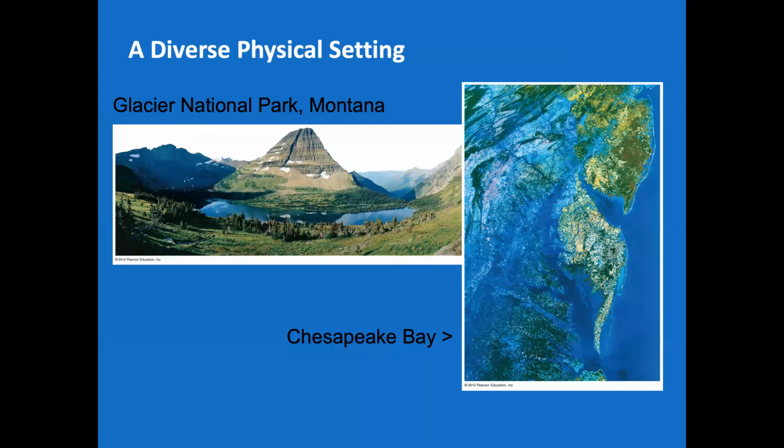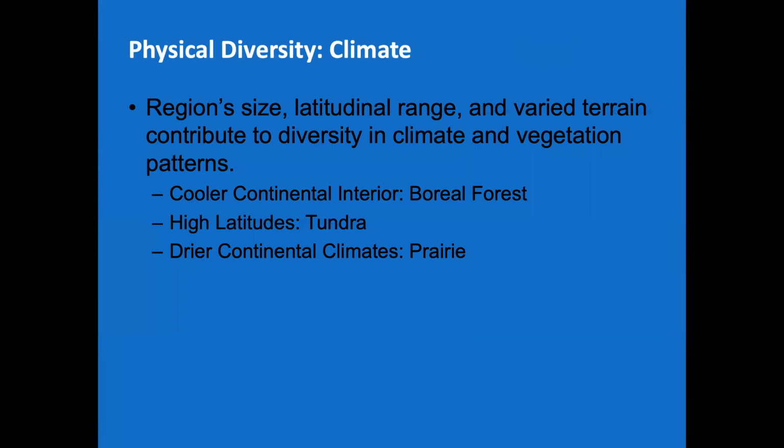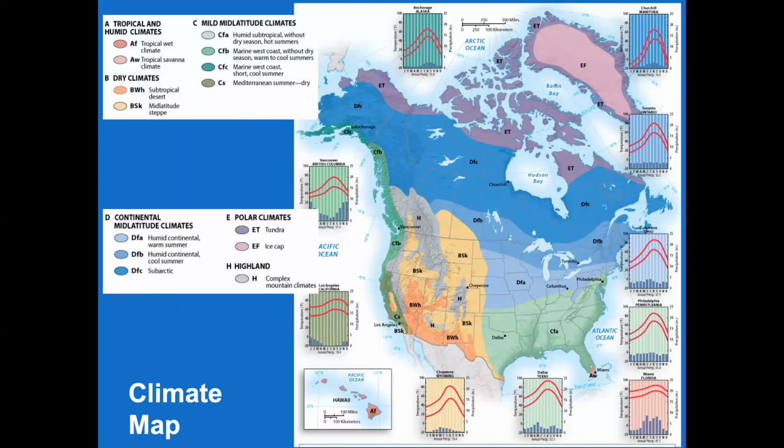Again, look at some of the diversity in physical settings. We'll talk about the idea of climate. Many, many climates are found within the US and Canada, from pine needle forest called boreal forest to prairie, the middle of the United States and Canada, to tundra, to even tropical climates like at the very, very southern end of Florida. So Florida is the only place in North America that you find an A climate.